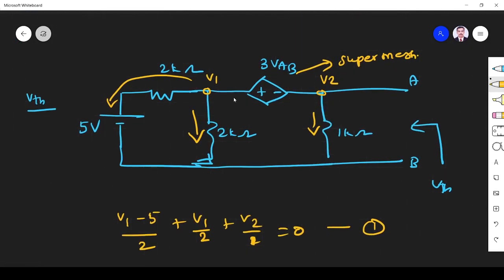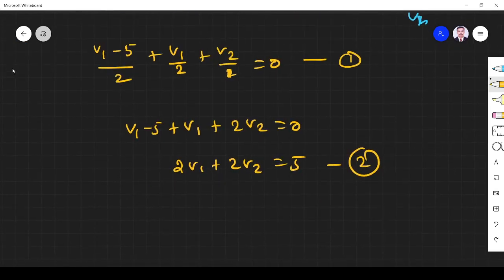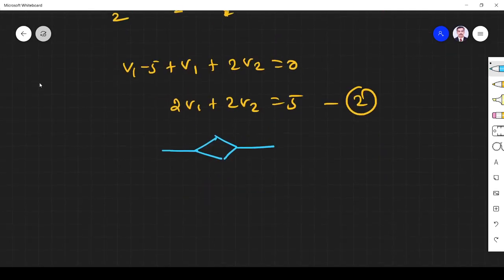We have to apply KVL only across this supernode branch. To apply KVL to the supernode branch, I will draw the circuit again for simple understanding. So only this branch, the supermesh branch, we have to take. So this is V1, we know, plus minus. This is plus minus V2, plus minus 3VAB.